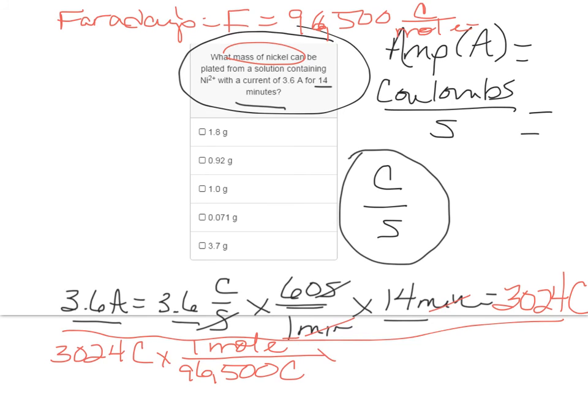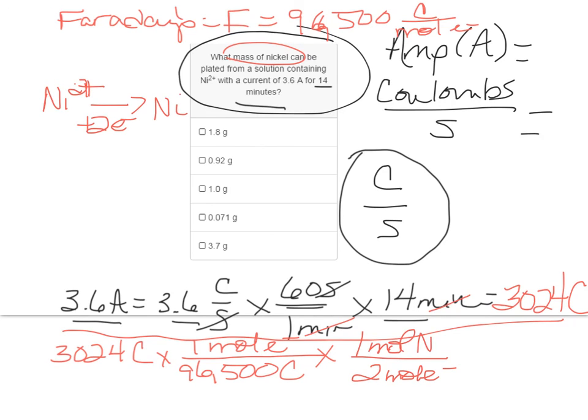And at this point you need to know the mole ratio between the moles of electrons and nickel. And so at this point, you need to have the half reaction balanced. And that's very simple. You just have nickel, it has a +2 charge. And how many electrons do you have to add to make neutral nickel? You have to add 2 electrons. So the mole ratio is there are 2 moles of electrons used to produce 1 mole of nickel.